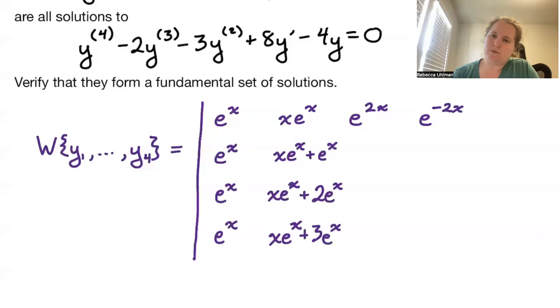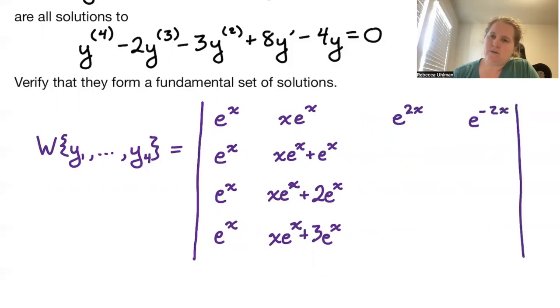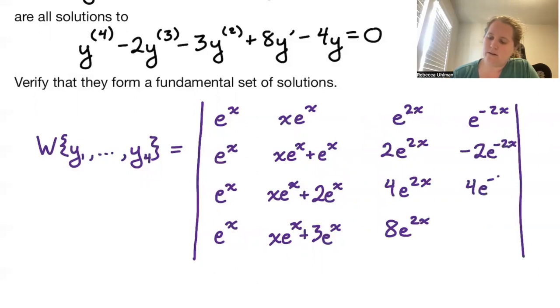I'm going to shift over those right two columns a little so that e to the 2x, we would go to 2e to the 2x derivative, then 4e to the 2x, and 8e to the 2x. In that last column, we would have negative 2e to the negative 2x, 4e to the negative 2x, and negative 8e to the negative 2x.